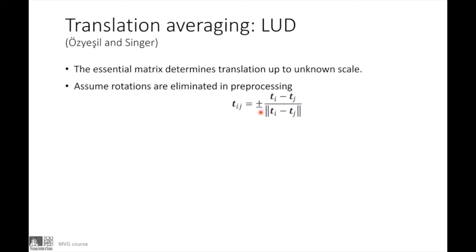Another way to write that is Tij times the scale factor Sij, which can be positive or negative, is equal to Ti minus Tj. Now, if you remember, we could use feature points to determine the sign, but here I will not care about that.